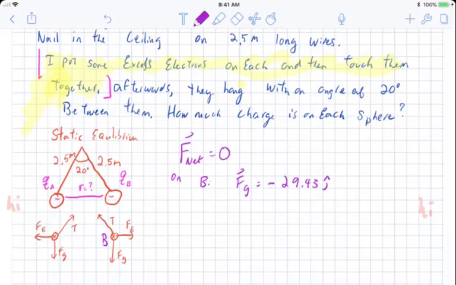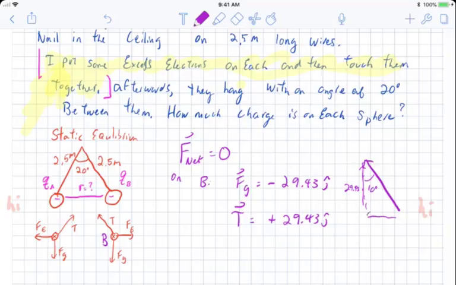The force of tension has to cancel that out, so it's going to be plus 29.43 J hat. But I also know, because tension is pointing at a 10-degree angle, that if this vertical component is 29.43, then I can calculate this one using trigonometry.